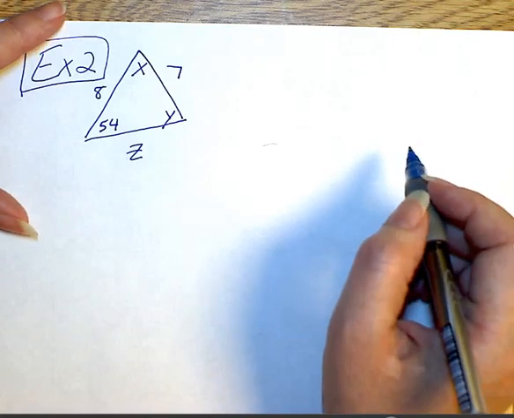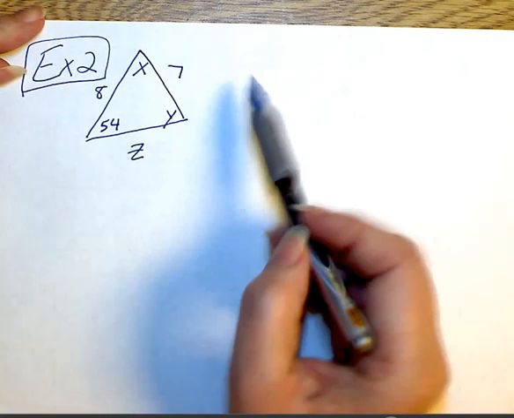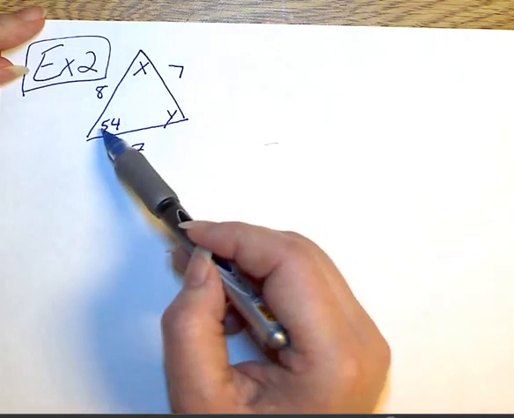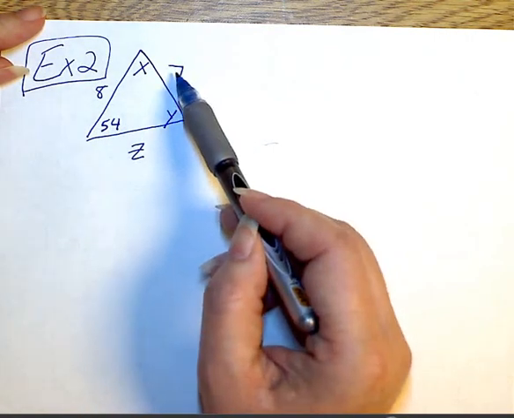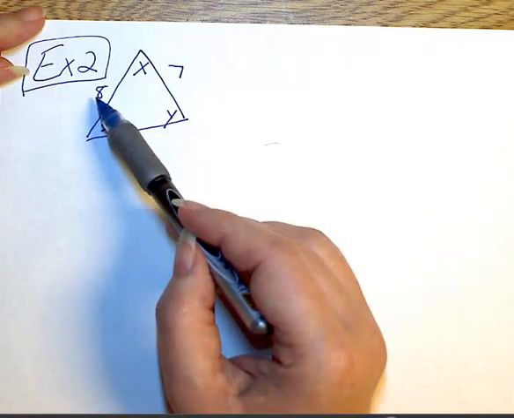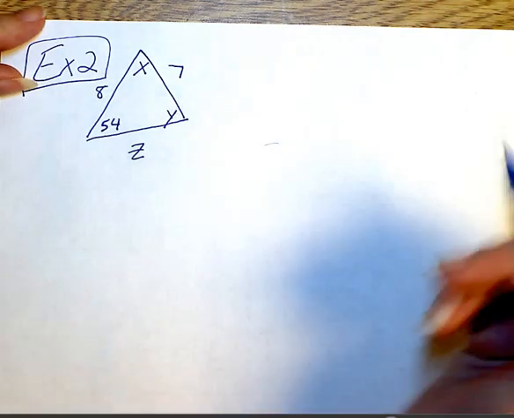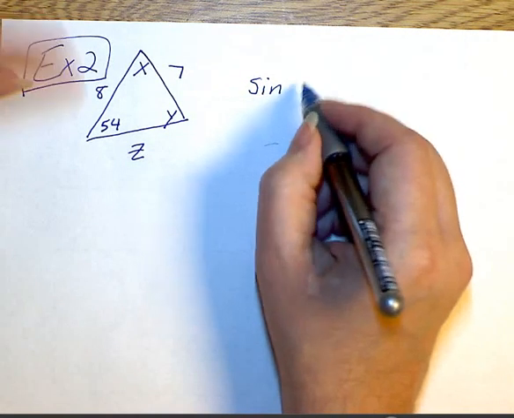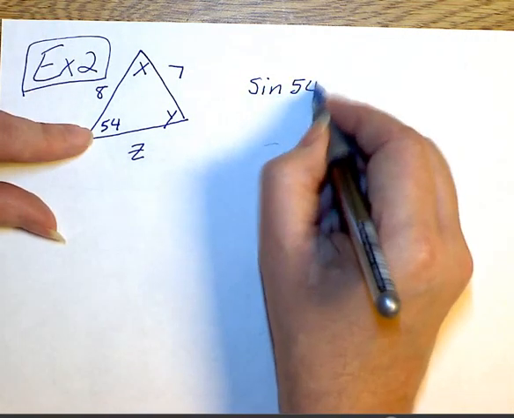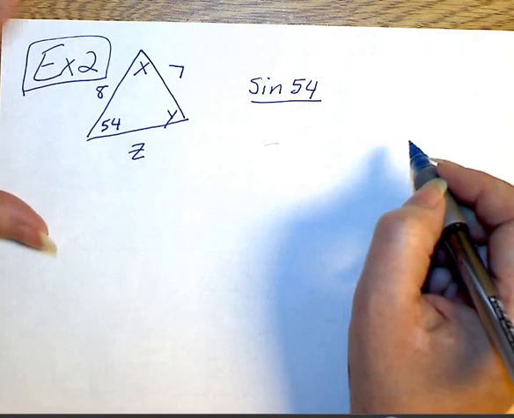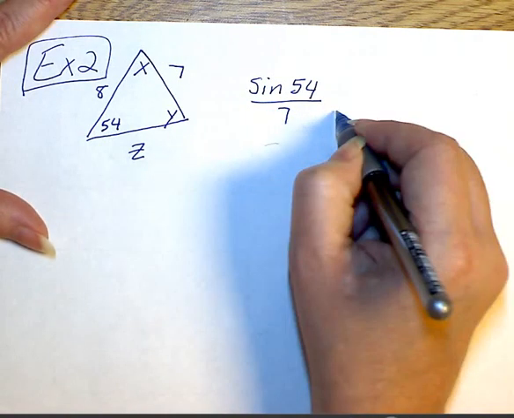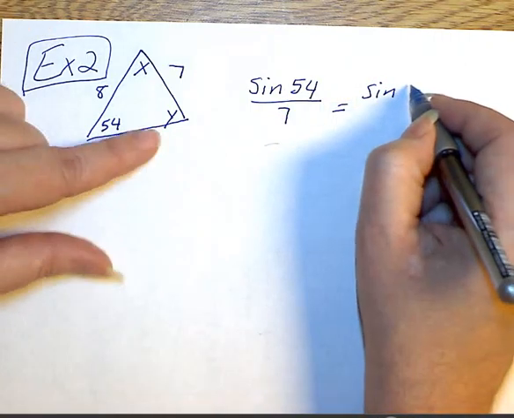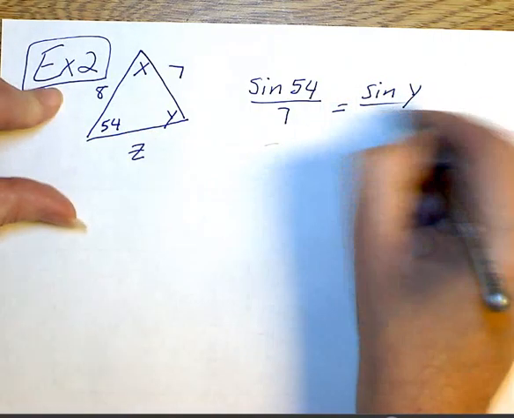Alright, so looking at this, hopefully you notice that you can use the law of sines, because we have 54 and we have 7. We have Y and we have 8. So I can use the thing that you learned yesterday. So I'm going to go sine of 54 over 7 is equal to sine of Y over 8.